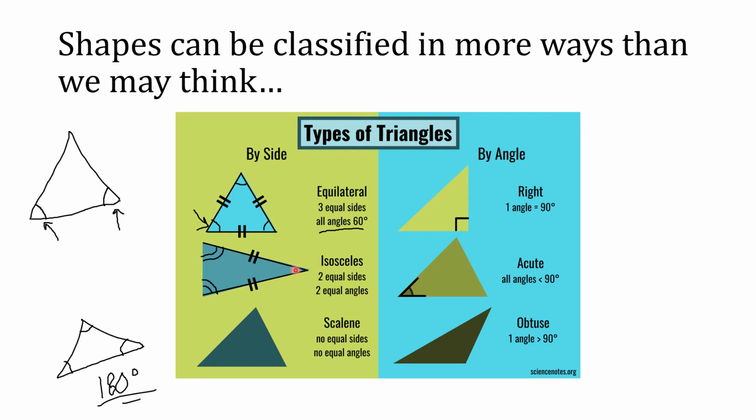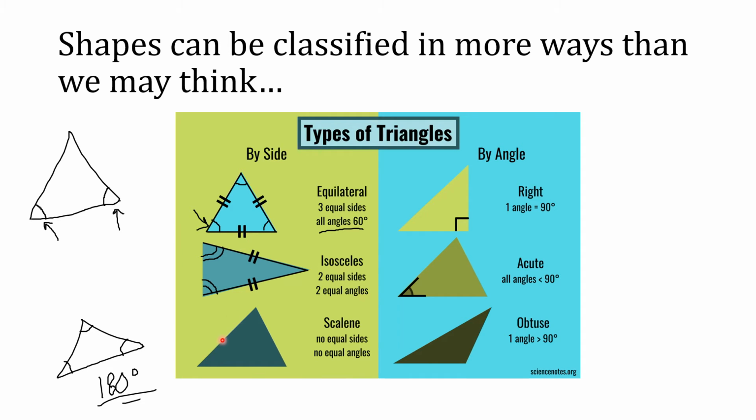So that's it for the equilateral triangle and for the isosceles triangle. Now let's move on to the scalene triangle. This last one here is the case where none of the sides are equal in length and none of the angles are equal either. So basically, you don't need to make any tick marks.